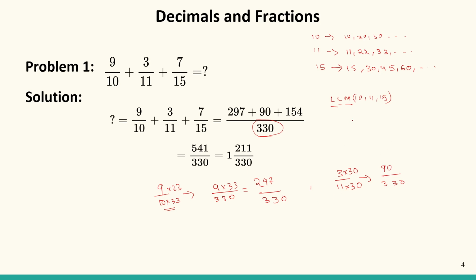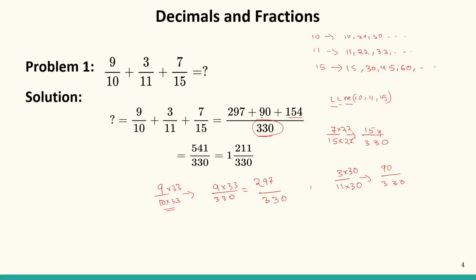You do the same for 7 by 15. You need to convert it to a fraction with denominator 330, so it is multiplied by 22. You multiply 22 to the numerator, so what you are left with is 154.